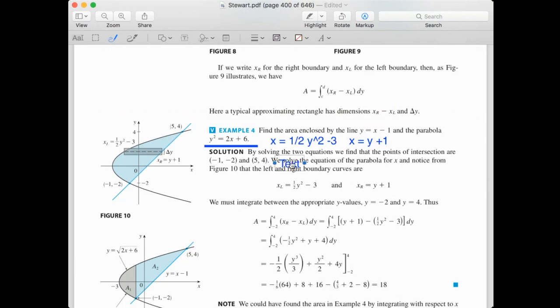Then again, we want to solve for the intersection. How to solve the intersection? We set these two x's equal to each other. So we have half of y squared minus 3 equals y plus 1. Then we solve for y.